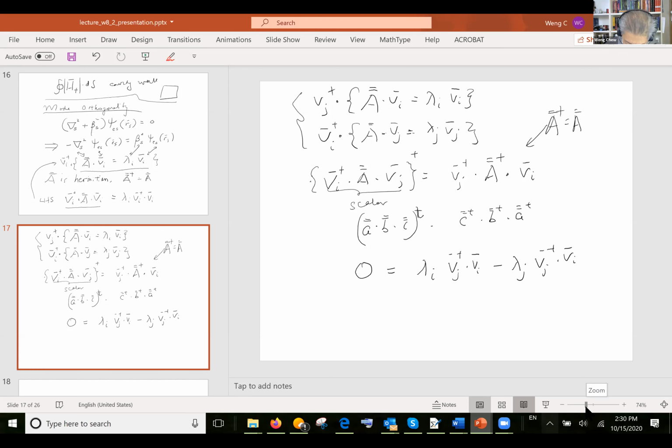I assume that lambda j is real. Then I will have this thing, Vj conjugate transpose dot Vi, and this has to be 0 because the left-hand side subtracts to 0. What that means is that if lambda i is not equal to lambda j, these two must be orthogonal.